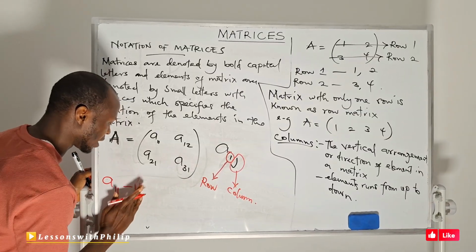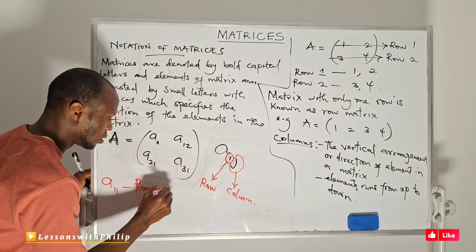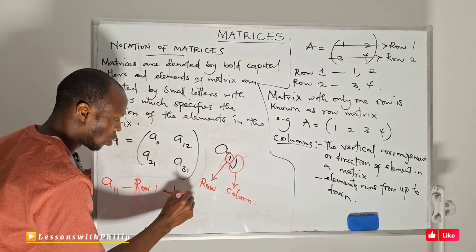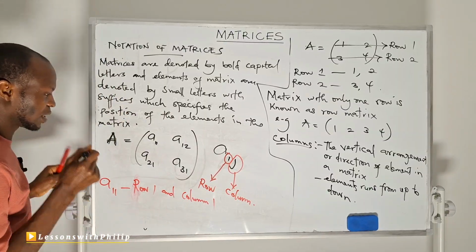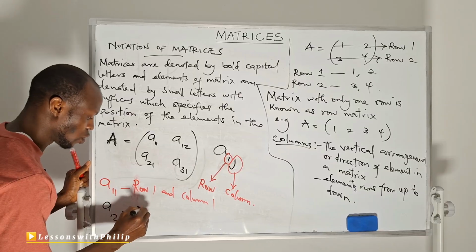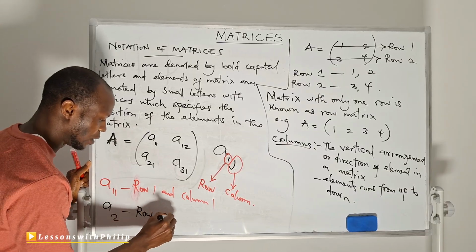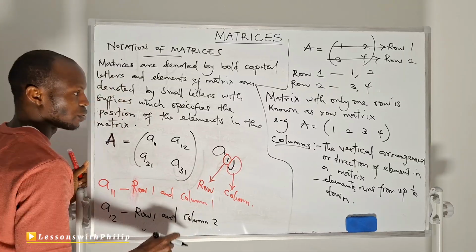It belongs to row 1 and column 1. Now A12 means that this element belongs to row 1 and column 2. All right?